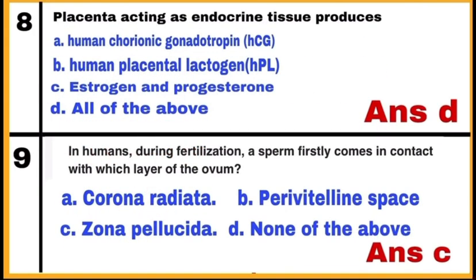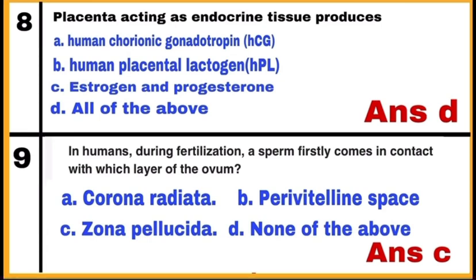Question 8. Placenta, acting as endocrine tissue, produces human chorionic gonadotropin, HCG, human placental lactogen, HPL, and estrogens and progesterone. All these are produced by the placenta. So the correct answer is option D, all of the above.